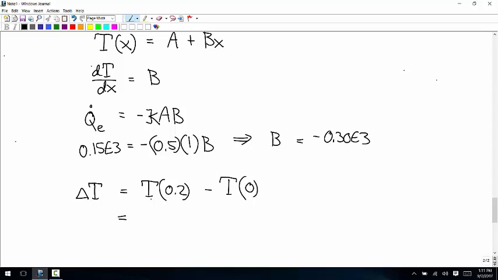The temperature at the x value of 0.2 is going to be A plus 0.2 times negative 0.3 times 10 to the third.